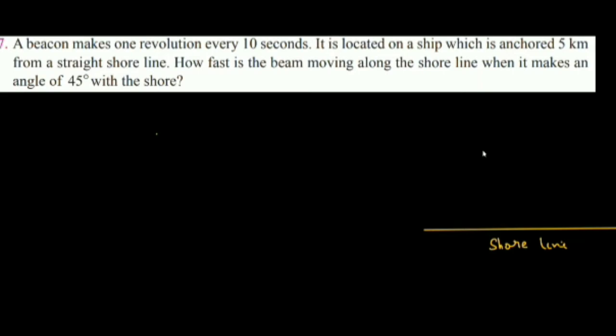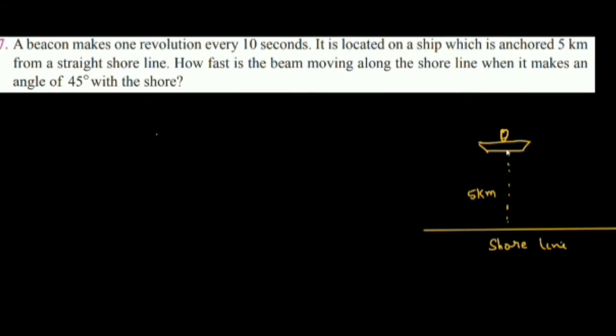Somewhere here the ship is located, and here the beacon light. This distance is 5 km. So the ship is anchored 5 km from the shoreline and the beacon light is revolving.